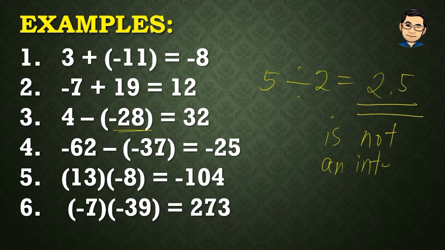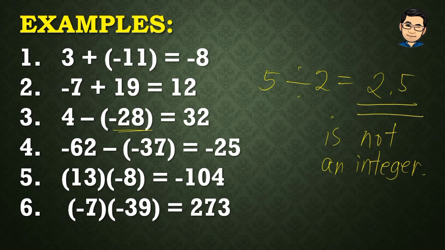Para maging integer siya, kailangan whole number siya. As you can see, 2.5, hindi siya whole number. Meron siyang kalahati. So hindi po apply dito yung division. Only addition, subtraction, and multiplication.